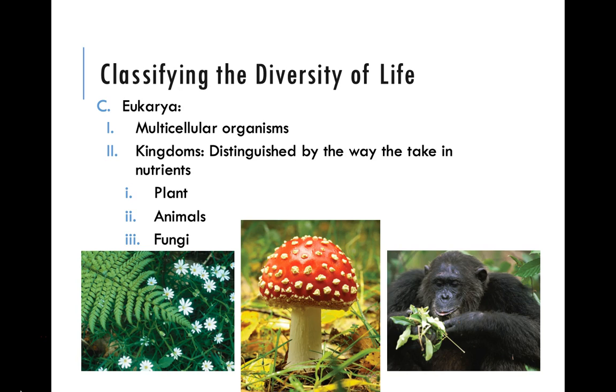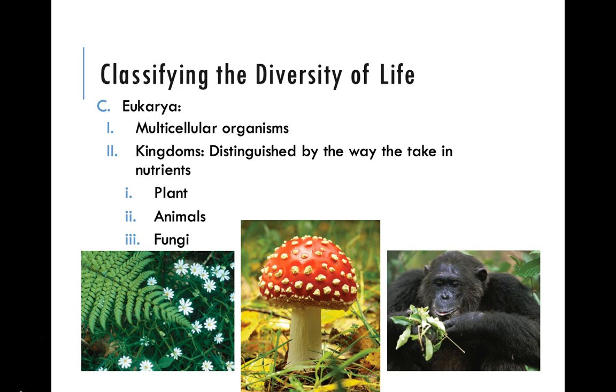So finally we get to our eukaryotic organisms. These are our multicellular organisms, although not all of them are multicellular. We're going to talk about the ones first that are definitely easy to see multicellular. And the eukaryotic domain is broken down into essentially 4 kingdoms.